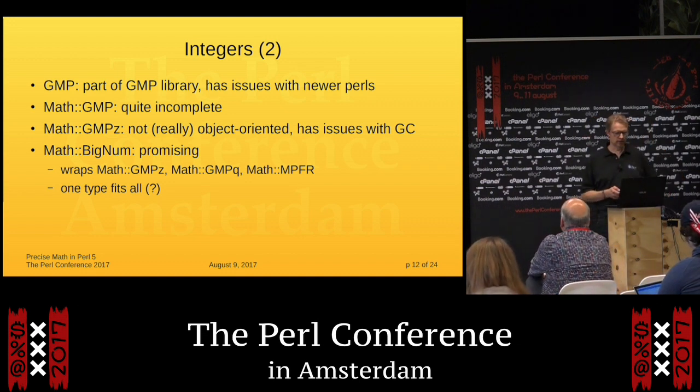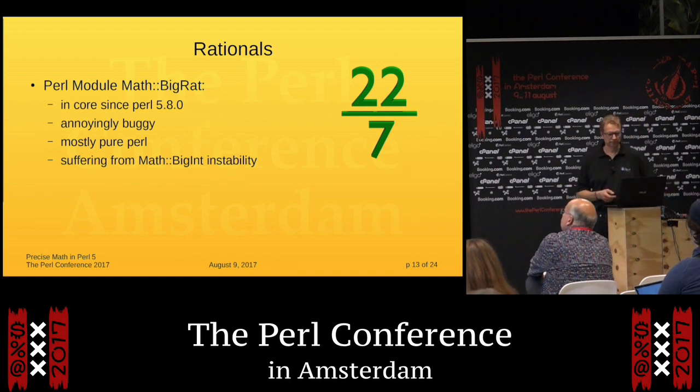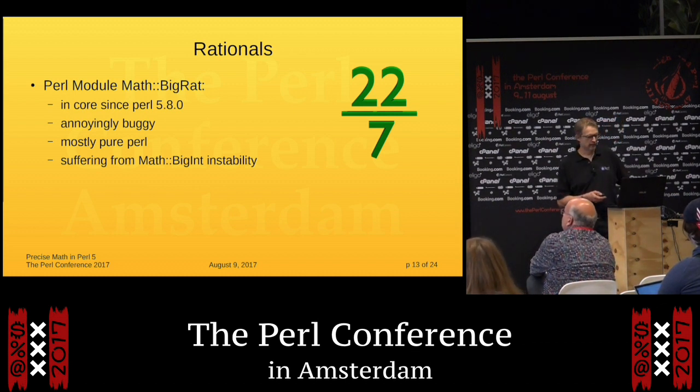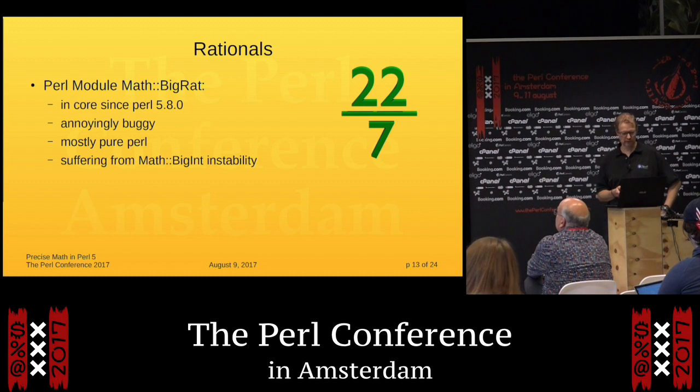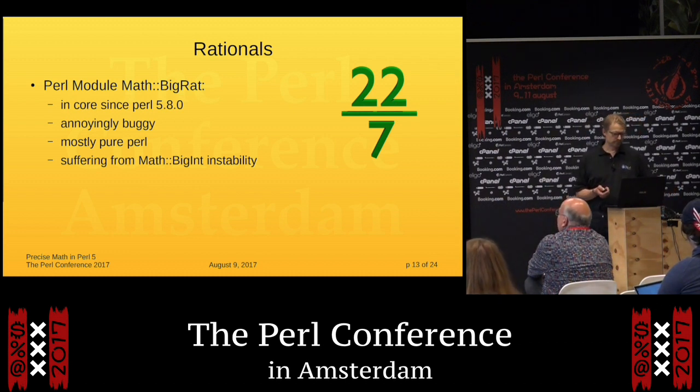Which brings us right to the rational numbers. These also have a module that is in the Perl core distribution. It's Math::BigRat. It has had its good share of bugs and idiosyncrasies.